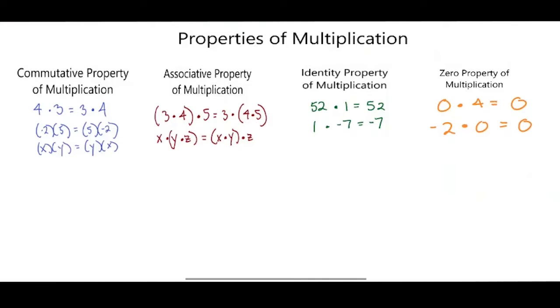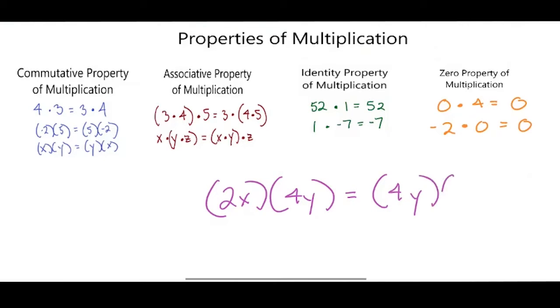So let's say we have 2x times 4y equals 4y times 2x. Well, which property is this? Which property is multiplication where you switch the order that things are multiplied?